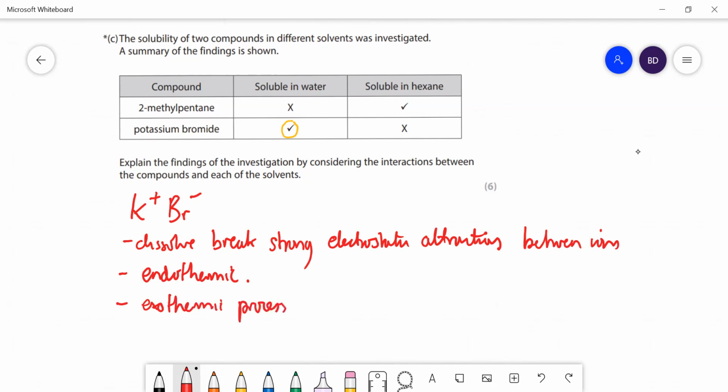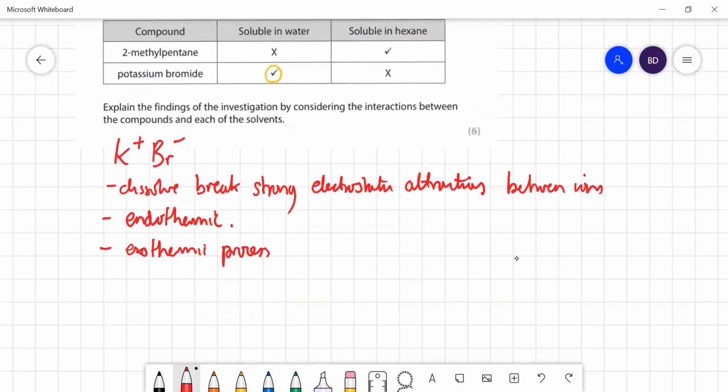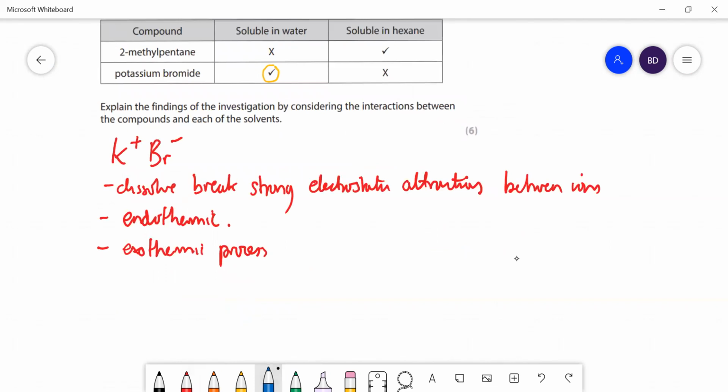The exothermic process is that the H2O molecules are polar and they form interactions with the charged ions. For example, with the potassium ion, which is positively charged, there's going to be strong electrostatic attraction because the water molecule has a partial negative charge on the oxygen.